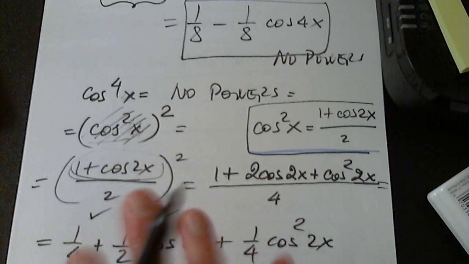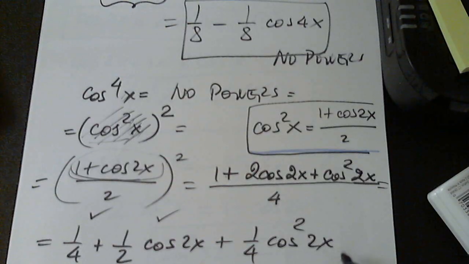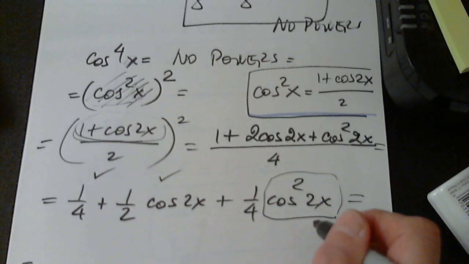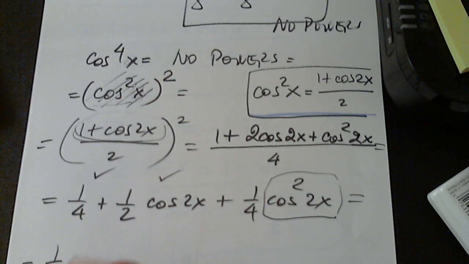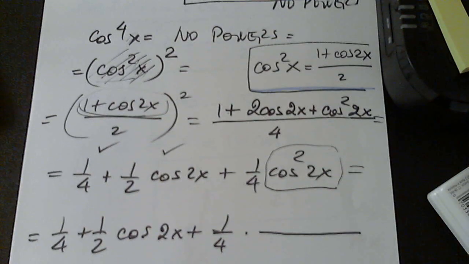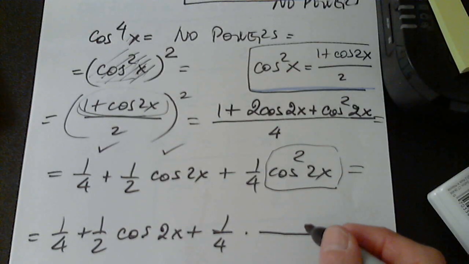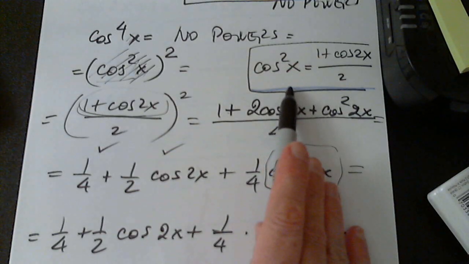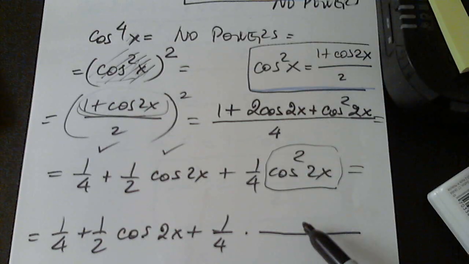This is nice, no powers. But I still have a power here. I don't want powers. So what should I replace this by? What do I replace cosine squared of twice x by? Look at this formula and you will know exactly what to say.